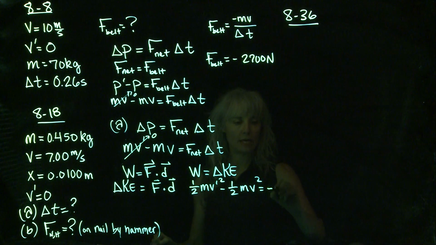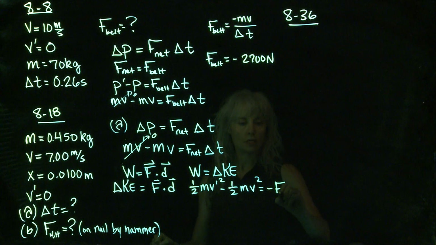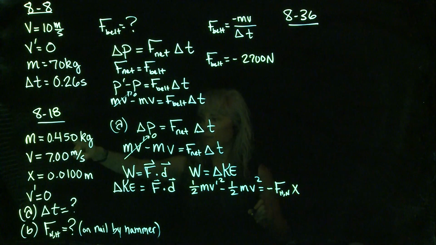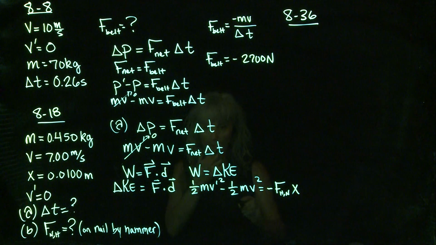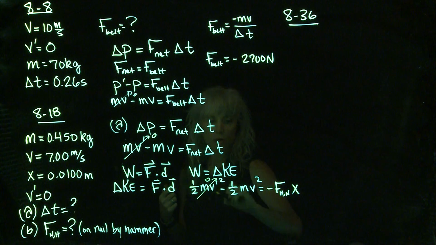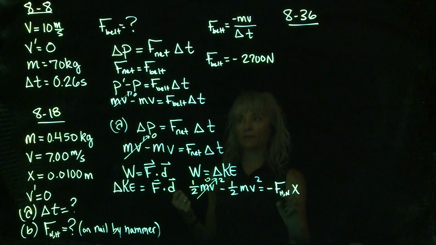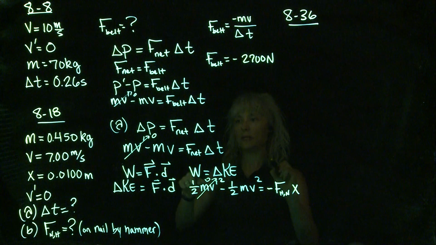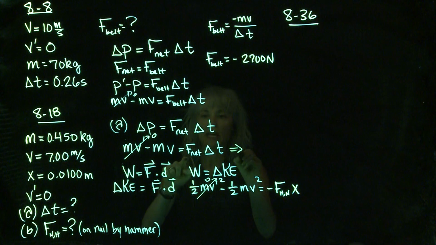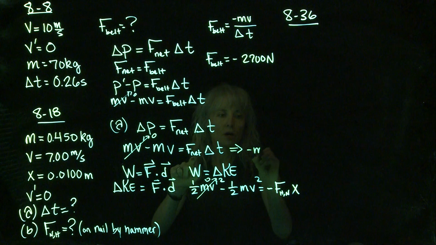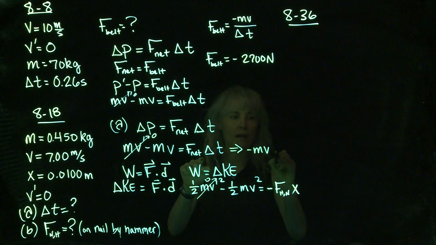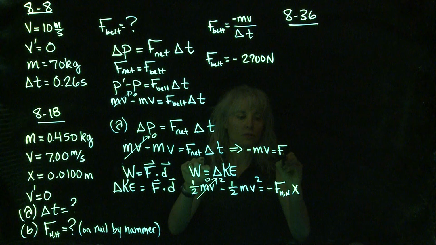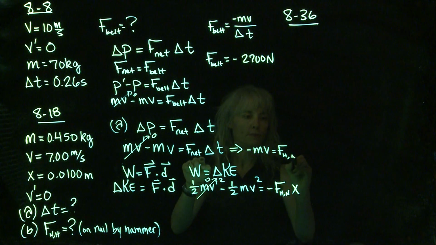So this is going to be negative, the force exerted on the hammer by the nail, times the displacement, which I've already given a symbol of x. Now the final velocity is 0. Notice that now I only have this one force that I don't know, the force being exerted on the hammer by the nail. And of course that's exactly the same as this net force, which is changing the momentum of the hammer. So that is the force being exerted on the hammer by the nail times the time.